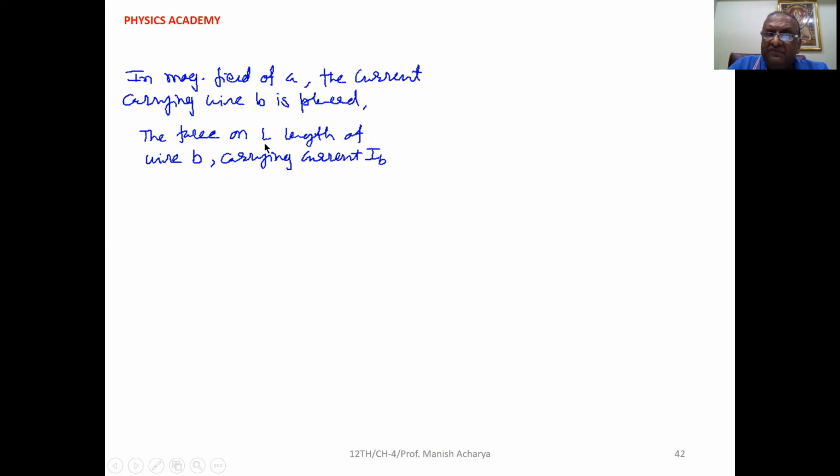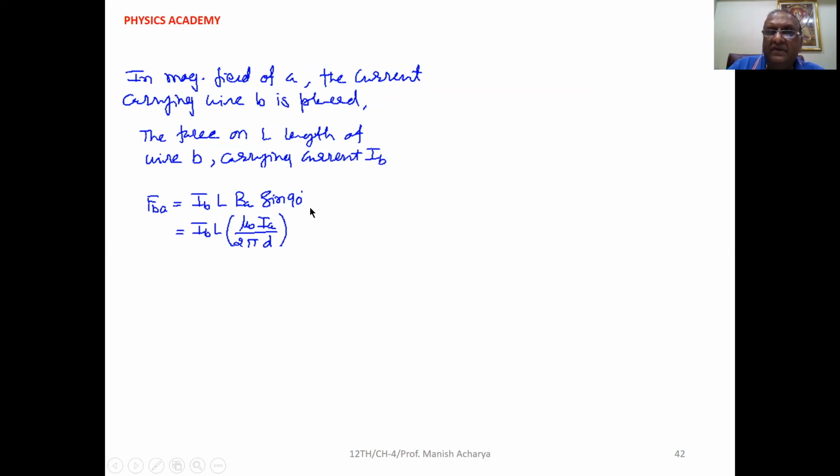So here, if we consider length L, then its current element, that will be IB into L. And if IB into L is in the magnetic field BA, then the force on it, that is IB L cross BA. Magnitude wise, we can write IBL into BA into sine theta.